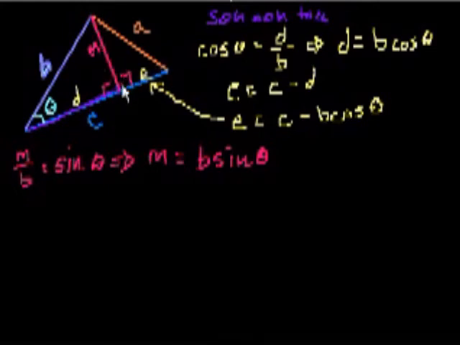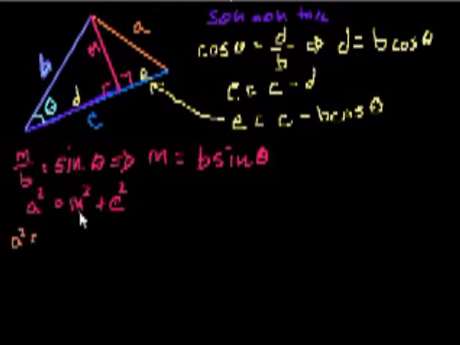So we want to figure out a. Since we have two sides of the smaller right triangle, we can use the Pythagorean theorem to solve for a. The Pythagorean theorem tells us that a squared is equal to m squared plus e squared. So, what is m squared plus e squared? a squared is equal to b sine of theta, quantity squared, plus e squared, which is c minus b cosine of theta, quantity squared.